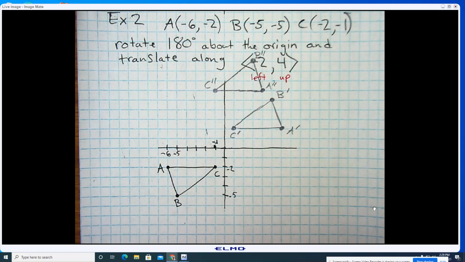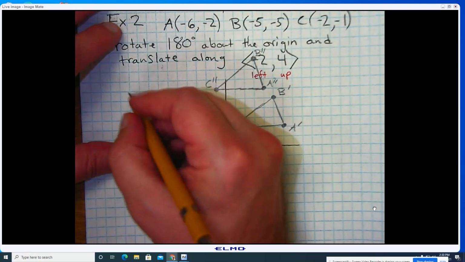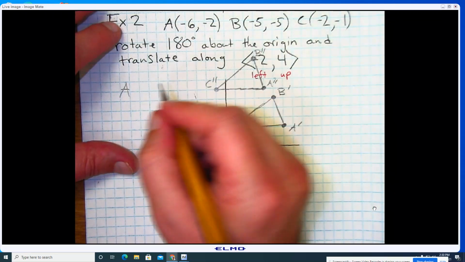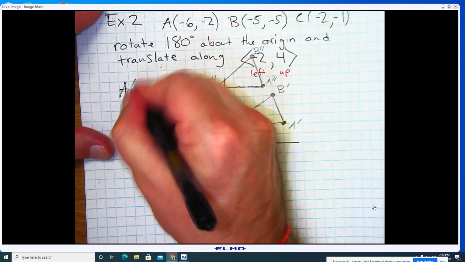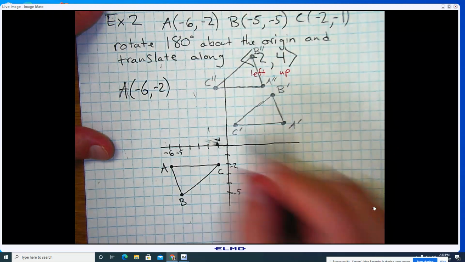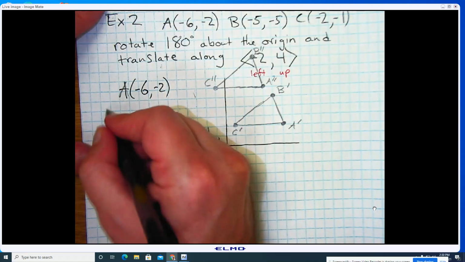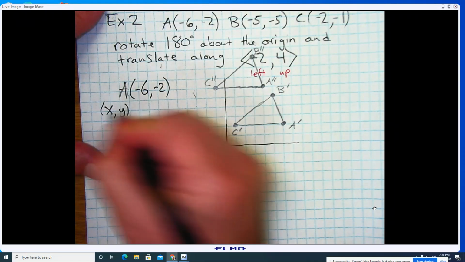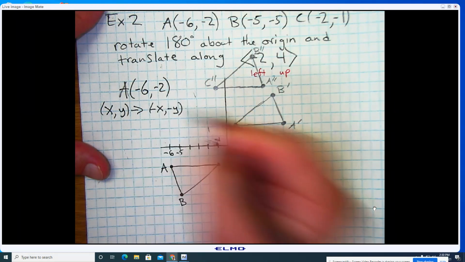Let's look at one point and how it lands using the math side of it. Let's look at point A. A is -6, -2. Let's rotate 180 degrees first. If I rotate 180 degrees, (x, y) turns into (-x, -y).